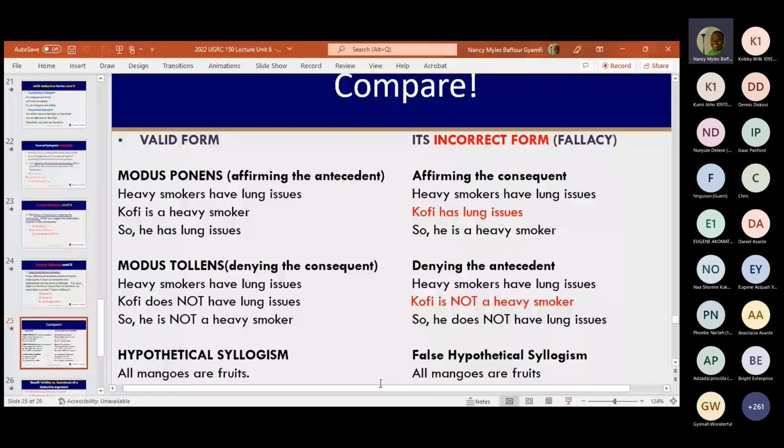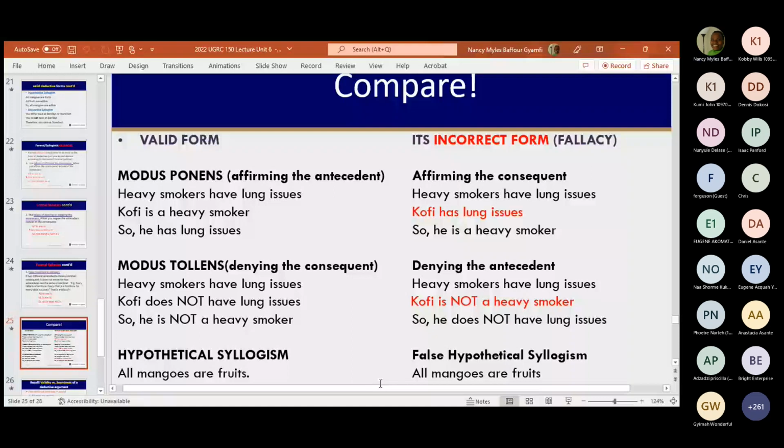This is still a conditional statement, already opened out as an if-then. It could have come as a universal, we said that already. Then you would now open it up. But this is already an if-then statement, clearly showing you your antecedent and consequent. So if you do not study, you may want to write it down there. Please write it down. If you do not study, then you will not pass.